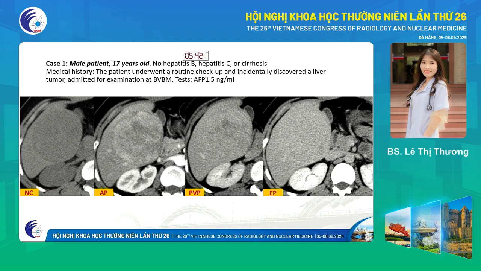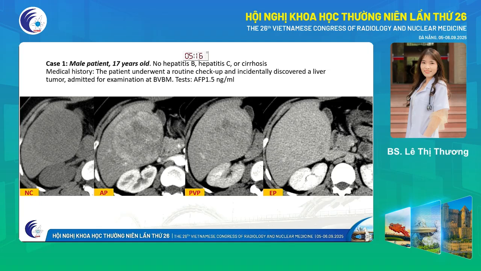For example, one case in Bạch Mai Hospital, a male patient, 17 years old, no hepatitis or cirrhosis. The patient underwent a routine checkup and incidentally a liver tumor was discovered. On CT scan, we can see a large mass with heterogeneous density, strong but uneven enhancement after injection, central necrosis, and persistent contrast retention in the delayed phase.